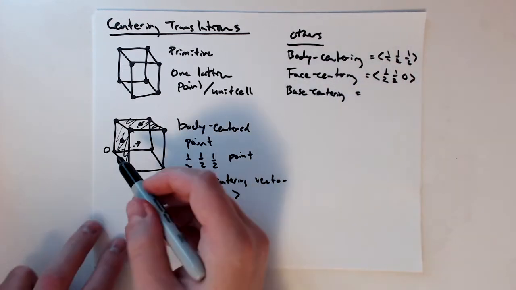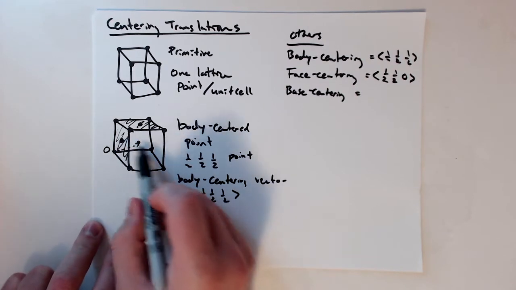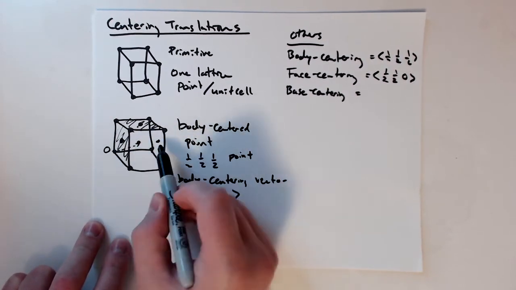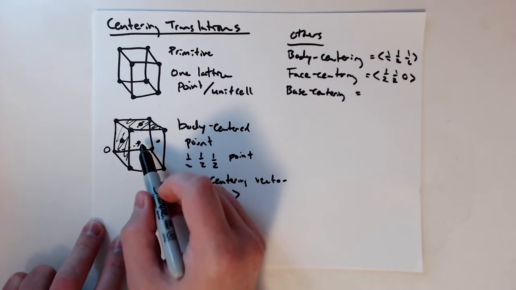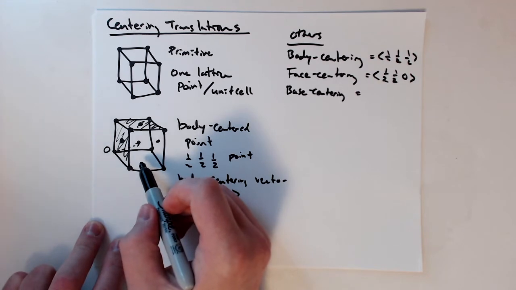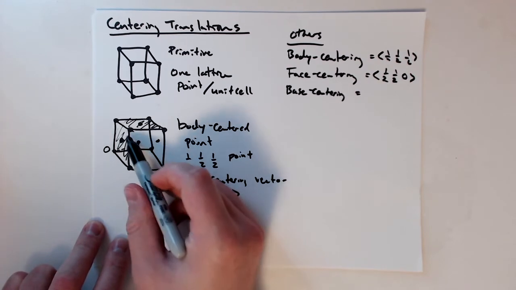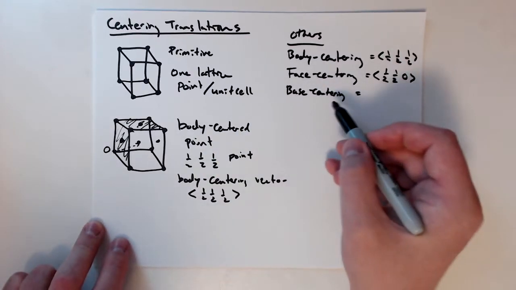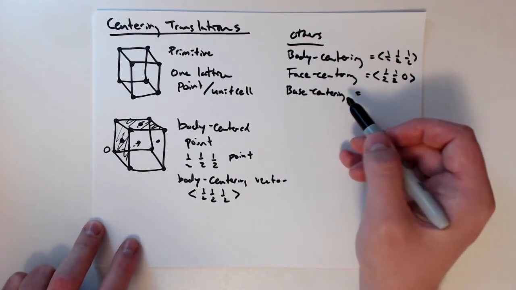So we would only have, for example, points on the y-axis, or the z-axis, or the x-axis. They're similar to face centering, but only in one direction.